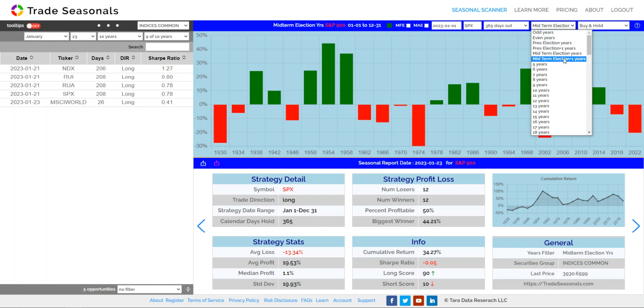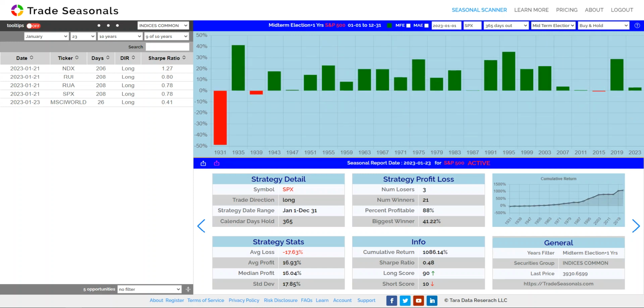And how about the year after a midterm election, which is also the year before a presidential election? Suddenly things change. The year before a presidential election in the last 95 years has been 88% bullish. It has made money 88% of the years, 21 of the 24 years.